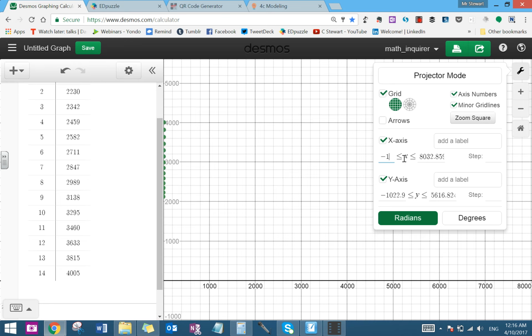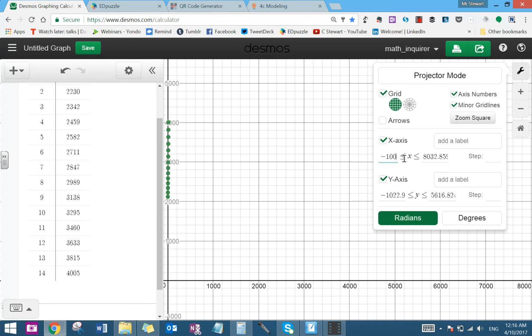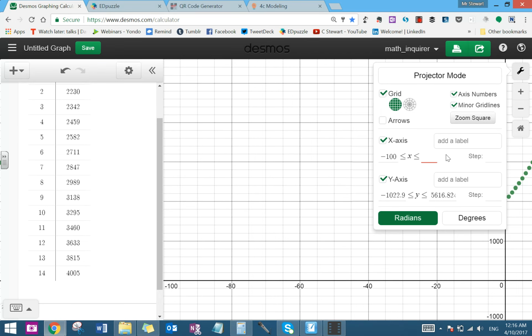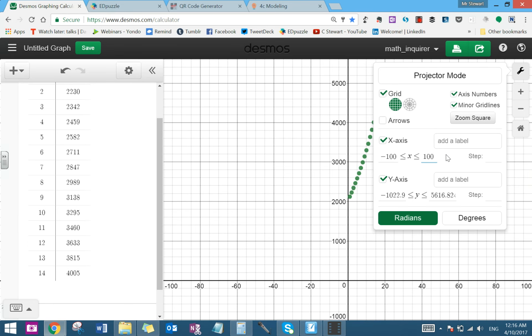So let's go minus 100. And then let's max it out at, you can see that there's maybe even up to 100. That might even be too large yet, but let's try that. You notice there, just by erasing that, the spread is a lot better.